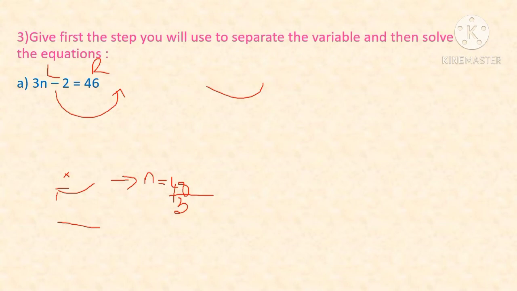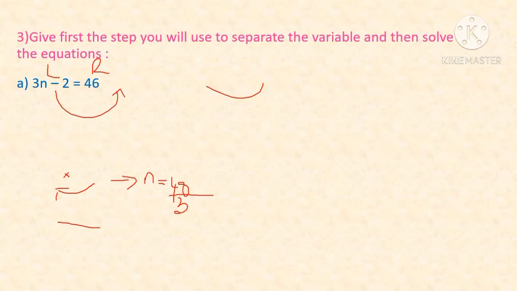Before solving the equation, can you identify the constant terms? You can see here minus 2 is a constant, and 46 is a constant. What is the variable here in this equation? n.